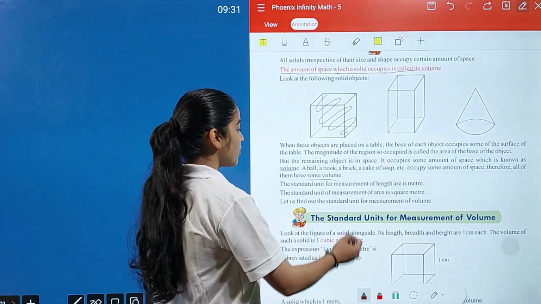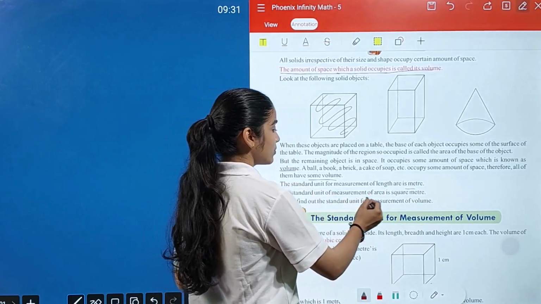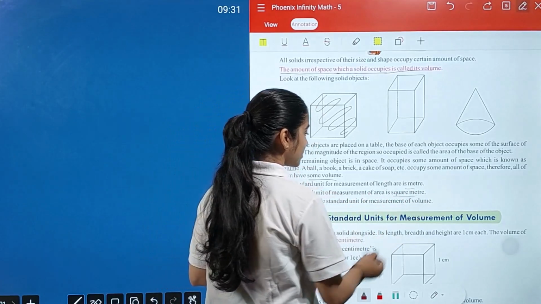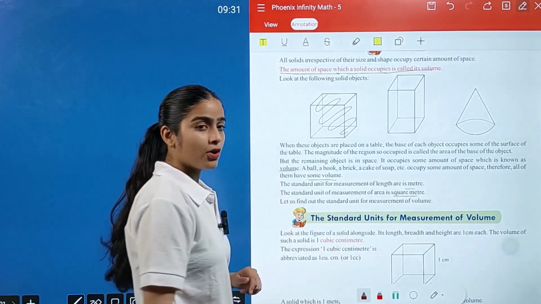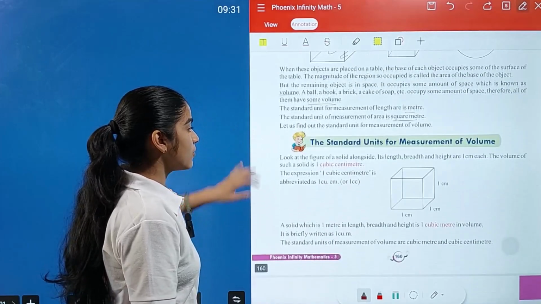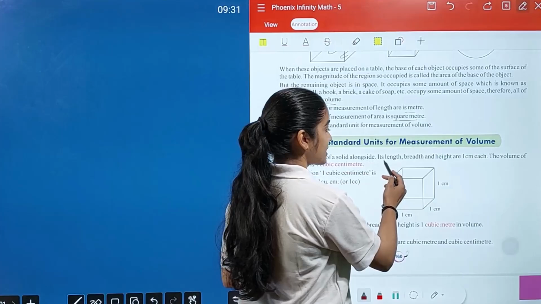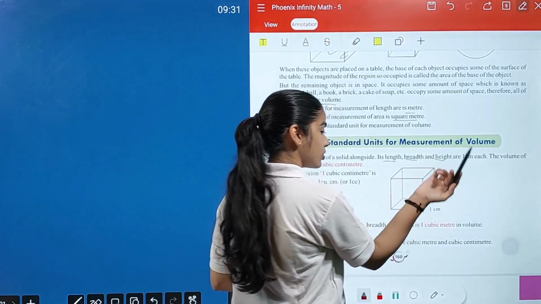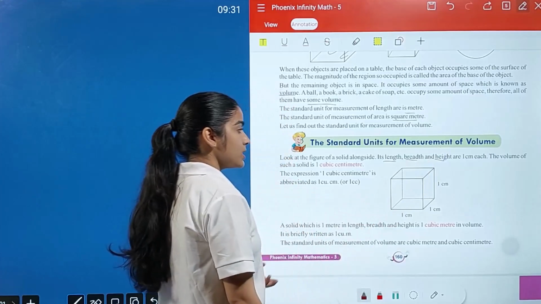The standard unit for measurement of length is meter. The standard unit of measurement of area is square meter. Let us find out the standard unit for measurement of volume. Look at the figure of a solid alongside its length, breadth and height. In a solid shape, we have three things: length, breadth and height, which are 1 centimeter each.